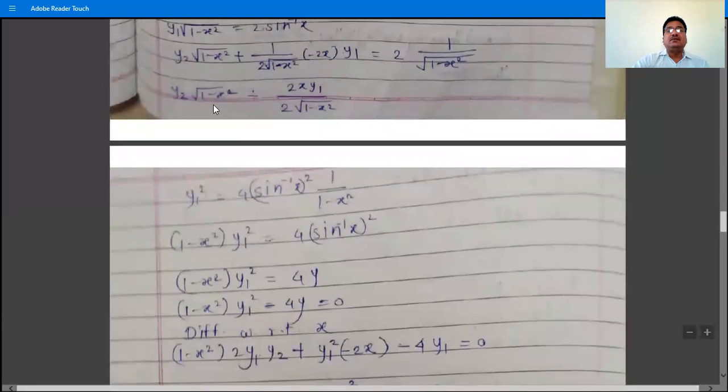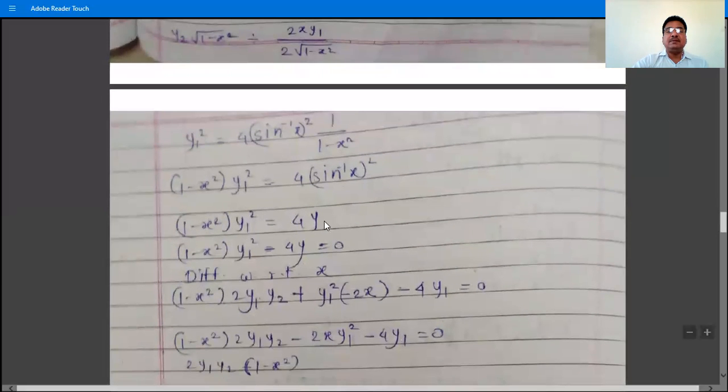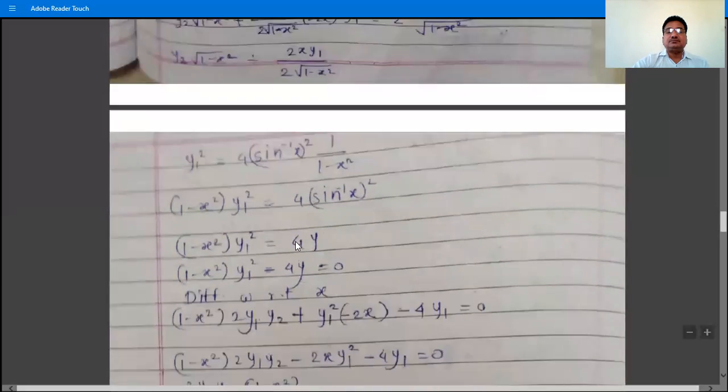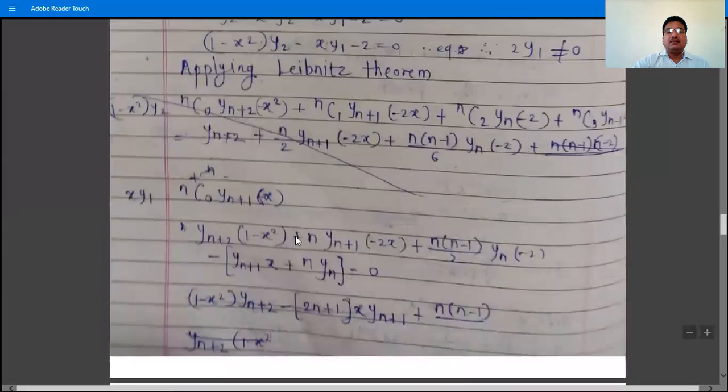And then we have y2 root 1 minus x square plus minus 2x y1 to get cancelled. Root 1 minus x square is equal to 2 divided by root 1 minus x square, then multiplying by root 1 minus x square, and we have this step.